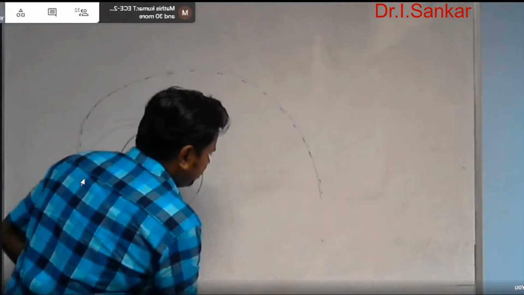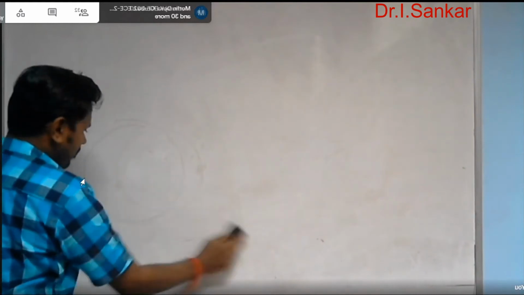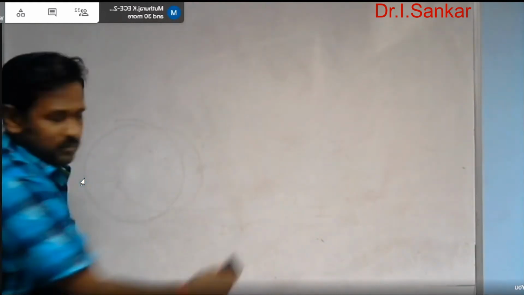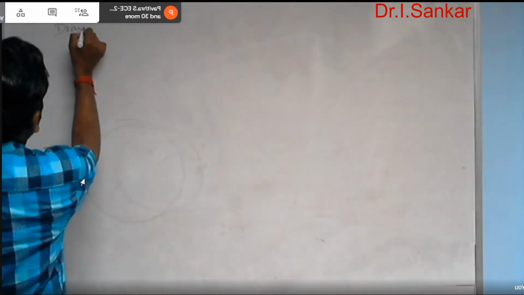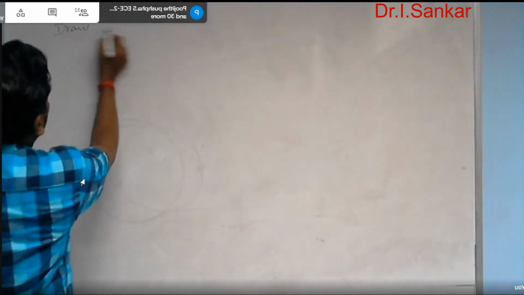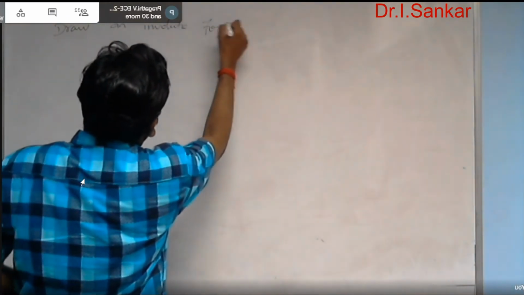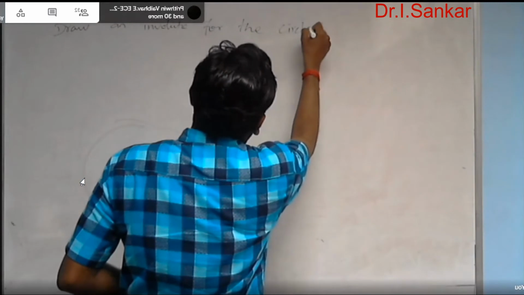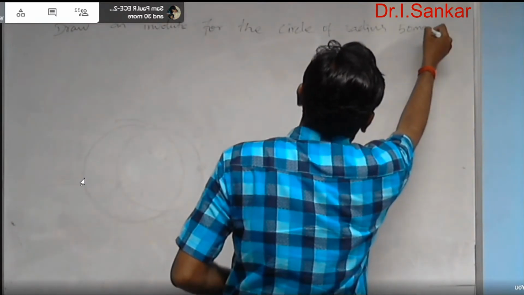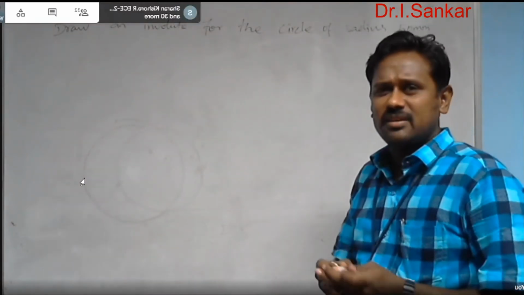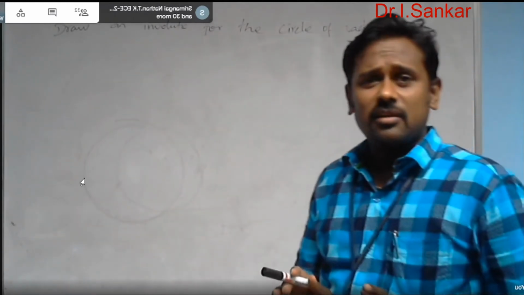Let me rub off the board. The question for this kind of problem will be like this: draw an involute for the circle of diameter 50 mm.